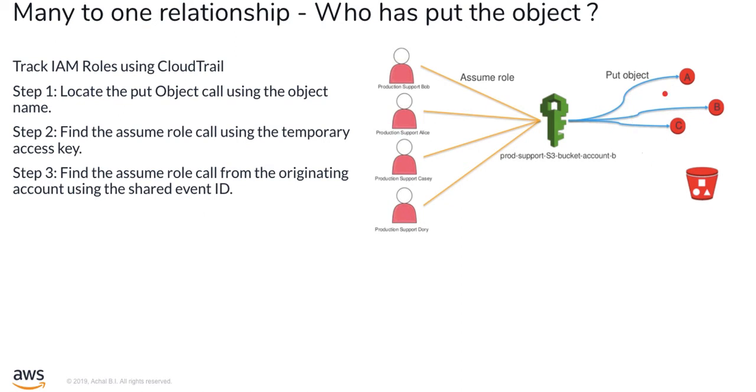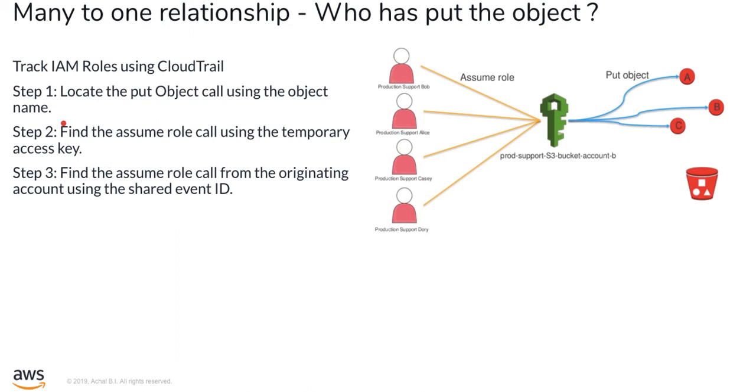They are putting three different objects in a bucket. If you want to track this for your own tracking purposes, how would you do it? There are steps to achieve it, and let's quickly understand how it is done.